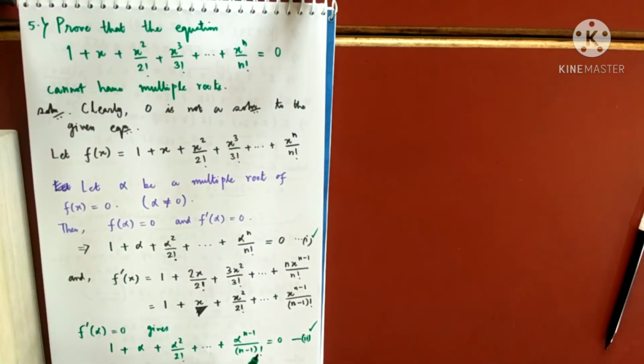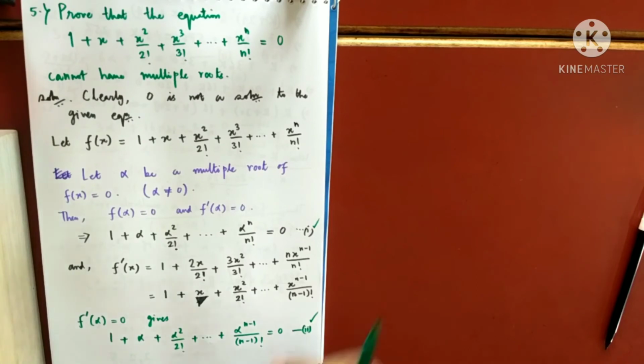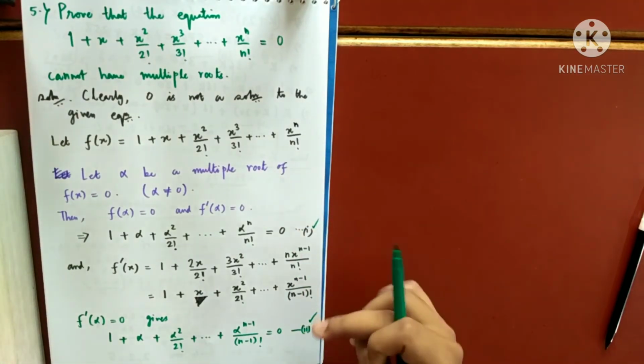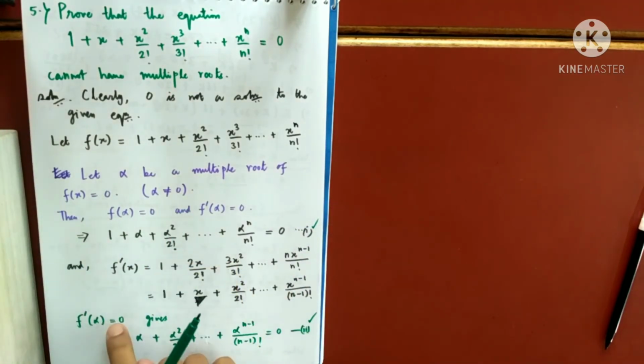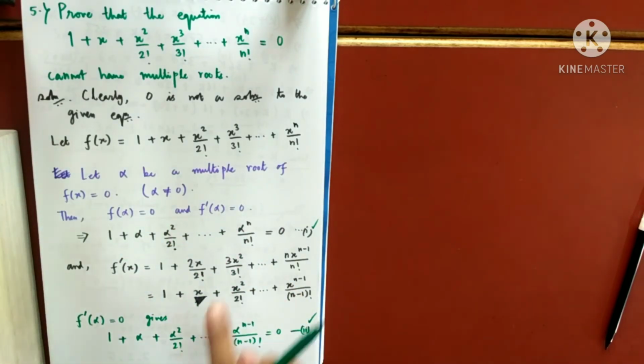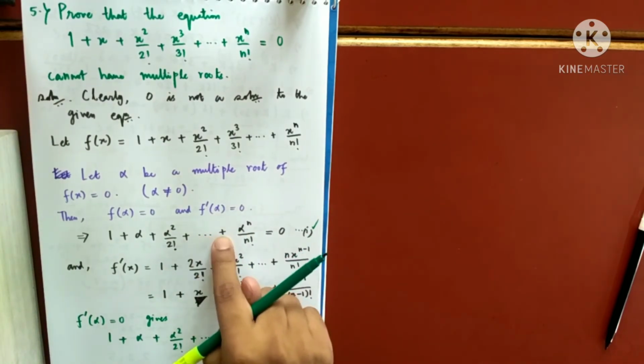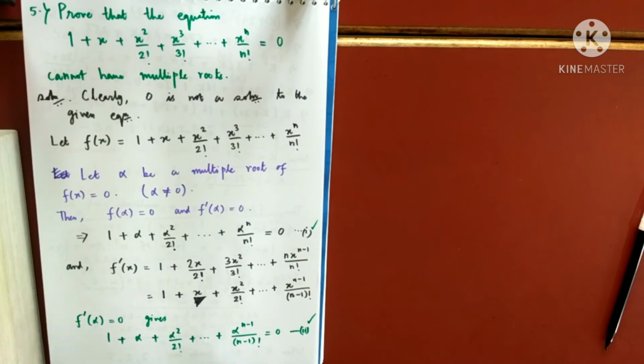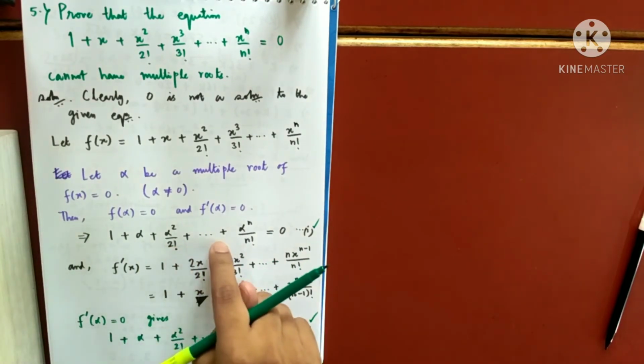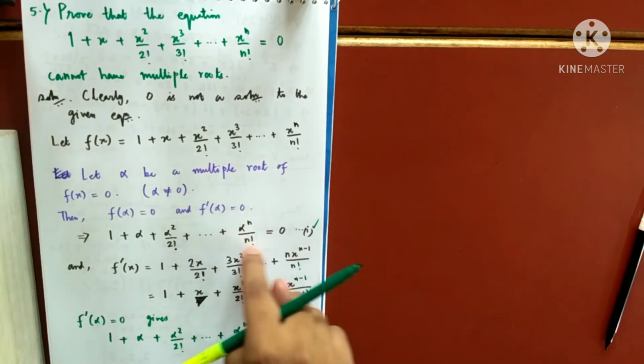Now the things are pretty simple. If I subtract 2 from 1, 1 and 1 are getting cancelled, alpha and alpha are getting cancelled, alpha square by 2 factorial and alpha square by 2 factorial are getting cancelled, and the second last term, alpha to the power n minus 1 by n minus 1 factorial, is also getting cancelled. So all the terms are getting cancelled except the last term.